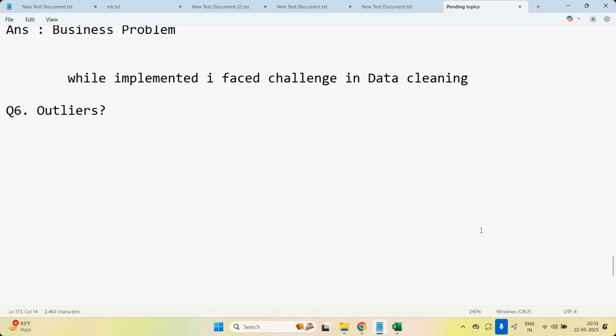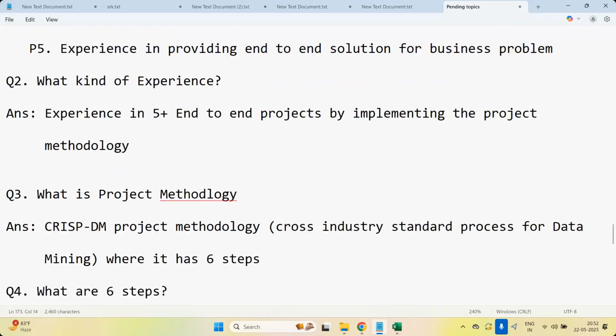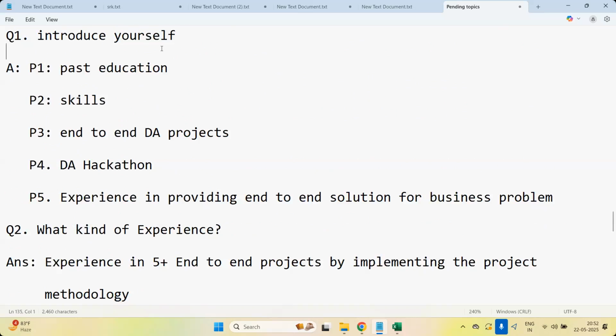This works when we are strong enough, when we practice before. Because we know, for introduce yourself, they'll ask 100%. The first question is introduce yourself only. Everyone knows this. But the only point is, in that introduction, how I turn those people to my side, by adding a hook in the last point.